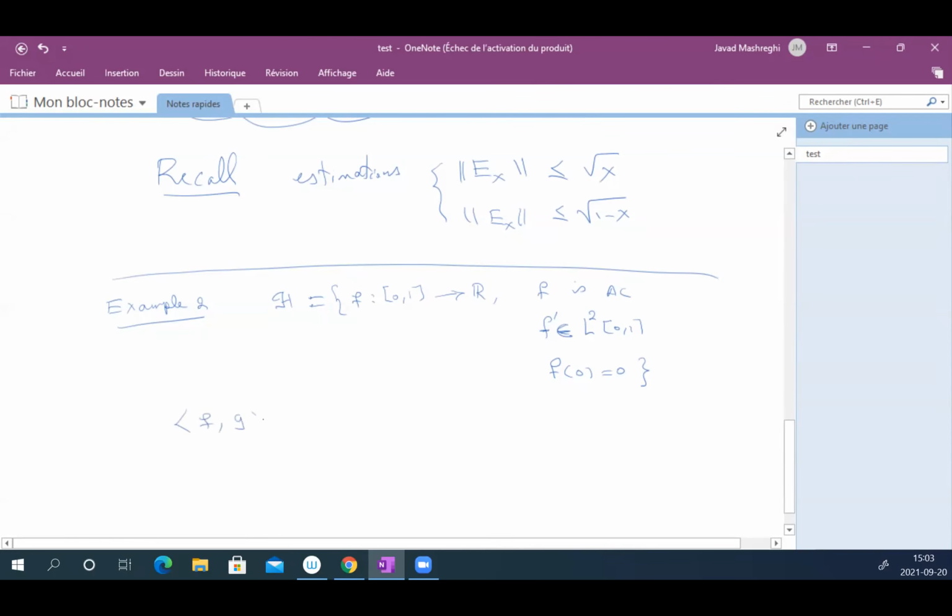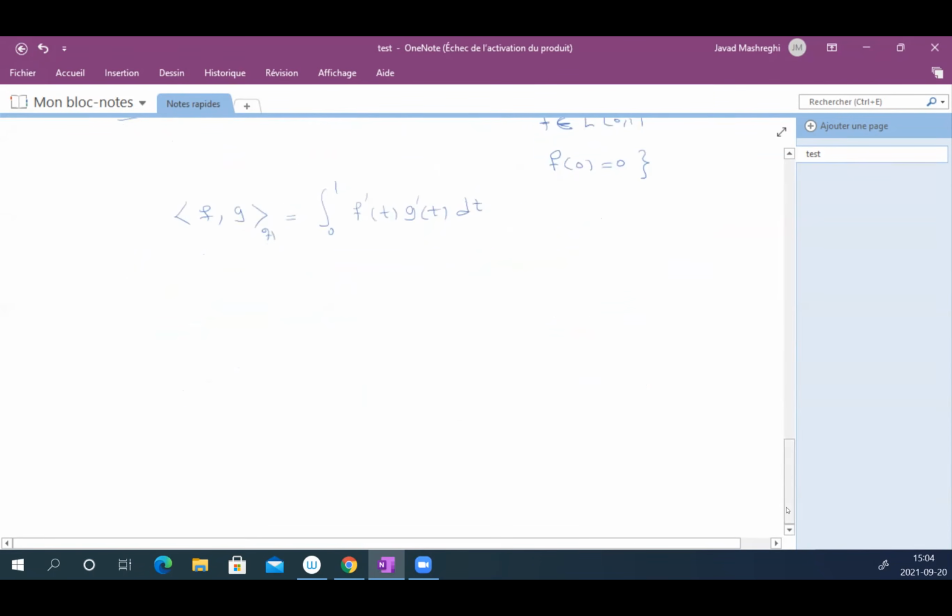The inner product in this case is the same as before. We can define the integral from 0 to 1 of f prime t g prime t dt, exactly as in the previous case. And it's a genuine inner product. This condition is enough.